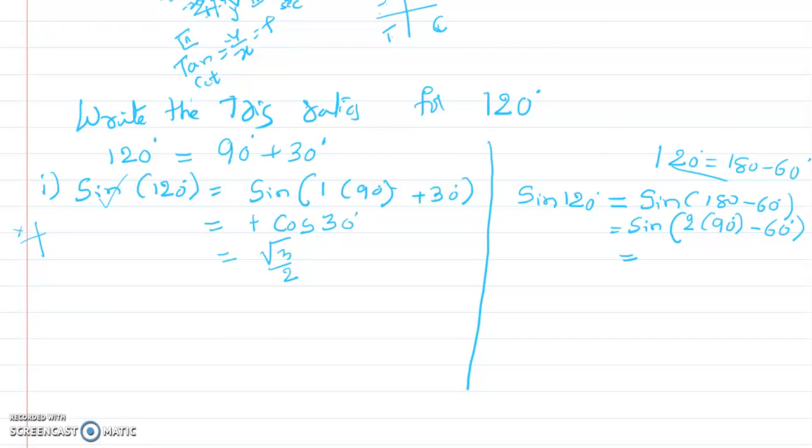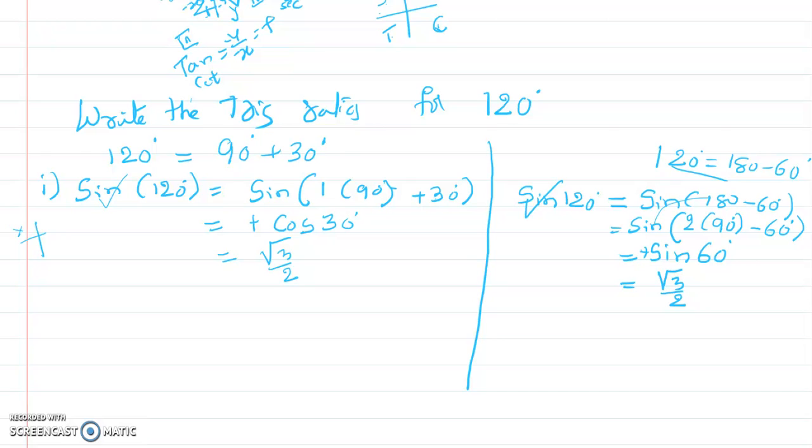Whenever n is even, the trigonometric ratio will not change. It is kept as it is. So, there is sine, I will keep it as it is on the acute angle 60 degrees. Again, you will look at the sign convention. It is the second quadrant. In the second quadrant, sine is positive. So, you have sine 60. What is sine 60? It is root 3 by 2. So, for both you have got the same answer.